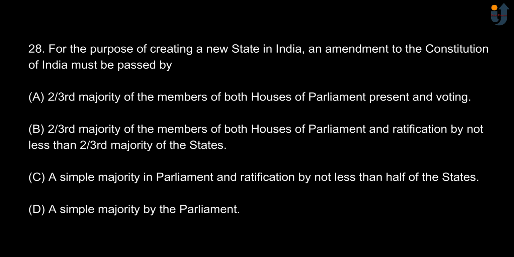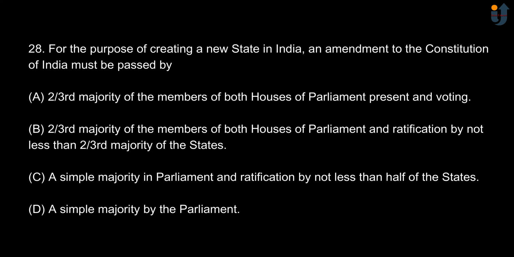Next, for the purpose of creating a new state in India, an amendment to the Constitution of India must be passed by option A, two-thirds majority of the members of both houses of parliament present and voting. Option B, two-thirds majority of the members of both houses of parliament and ratification by not less than two-thirds majority of the states.